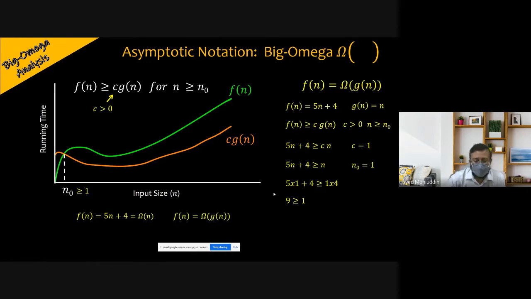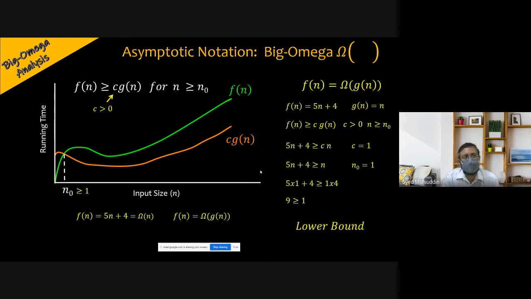In the same way, for big O notation, we said it is the upper bound. It gives us the maximum, the bounding or the limit. Whereas omega notation gives us the lower bound.